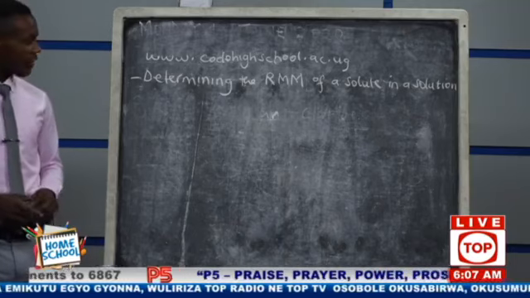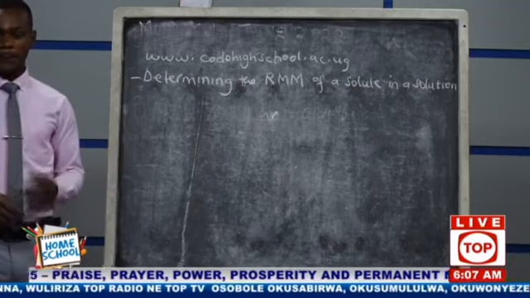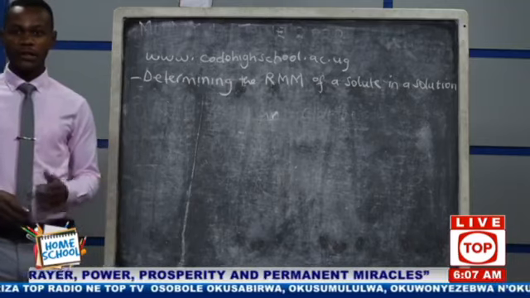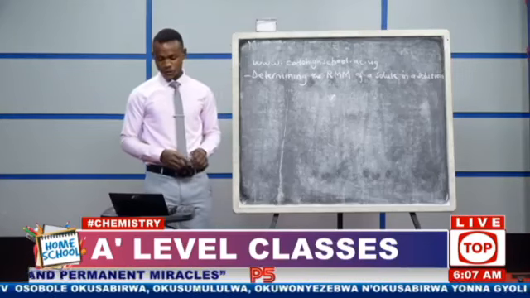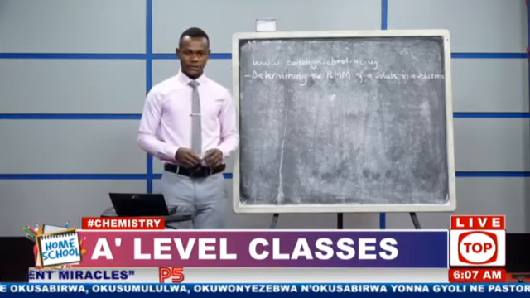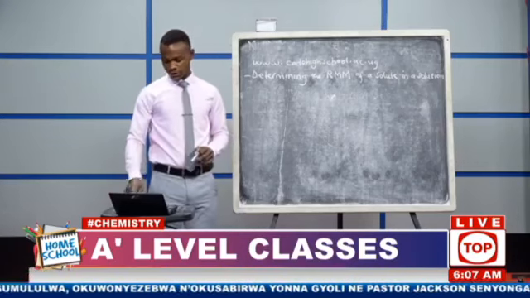A colligative property is a physical property which only depends upon the number of non-volatile solute particles, but not the chemical nature of these particles.